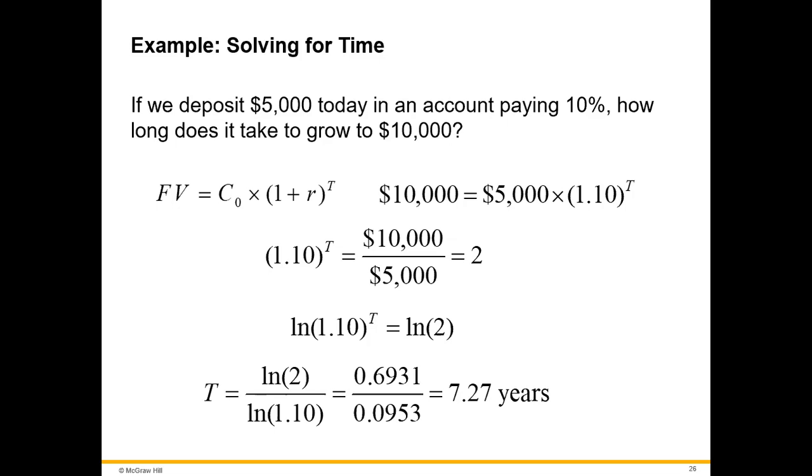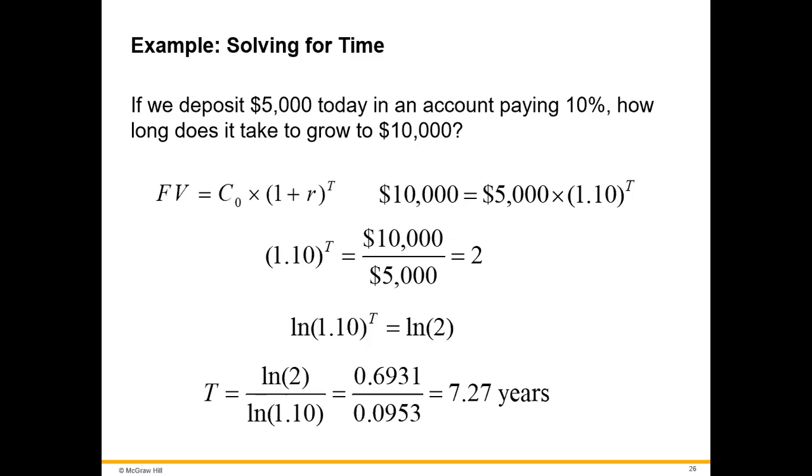Let's see, 1.10 inverse log. I haven't done this in a while. All right, the log of 1.10. There we go. And it's off a little bit. Okay, how do we solve for it?